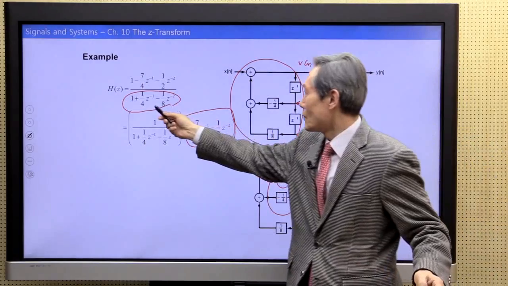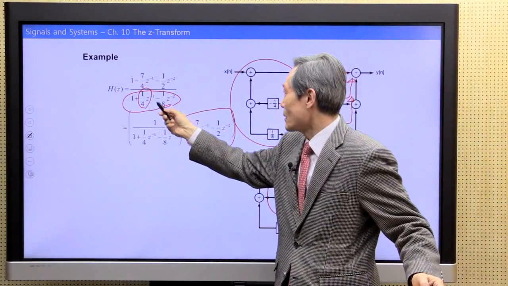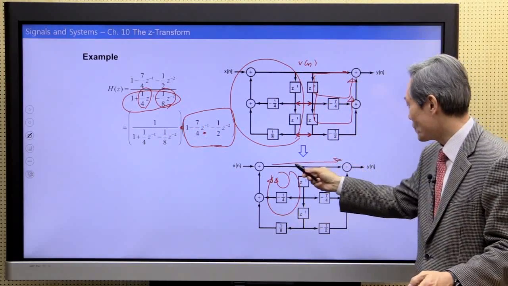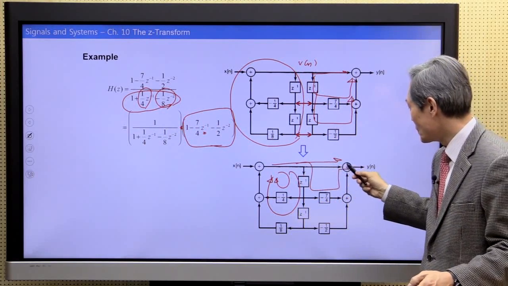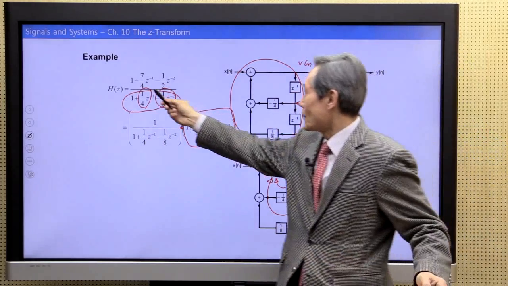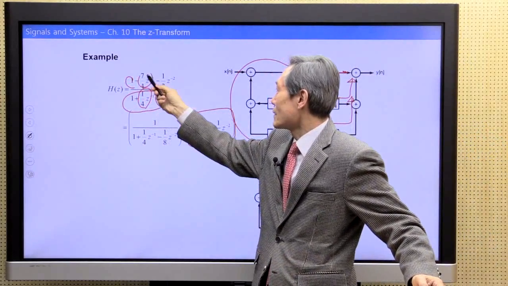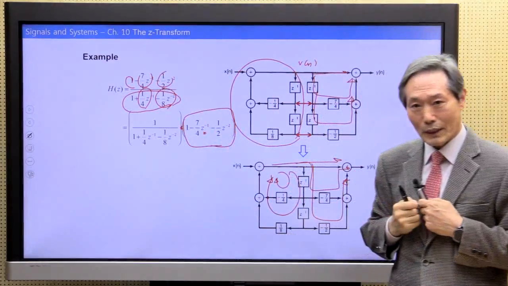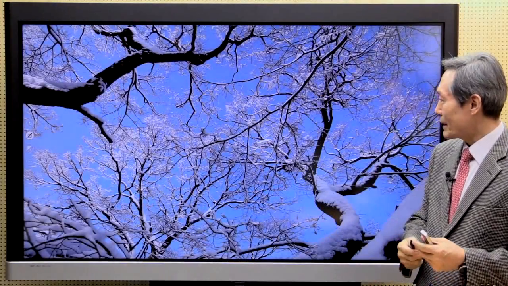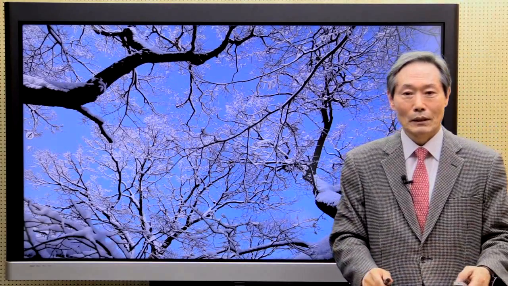So, first loop product, second loop product. We have 3 paths, 1, 2, and 3. The first, second, third. That's what you get. Okay? Okay, with that said, I conclude part 2.